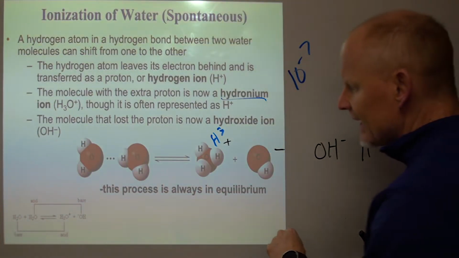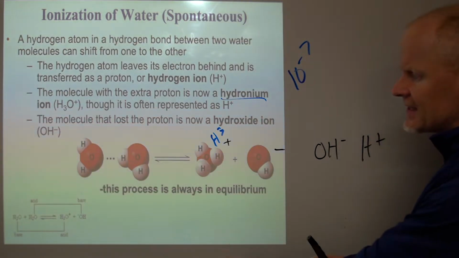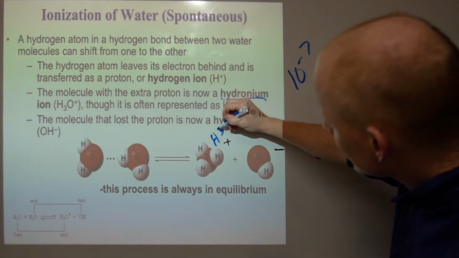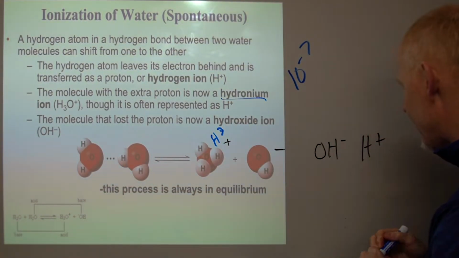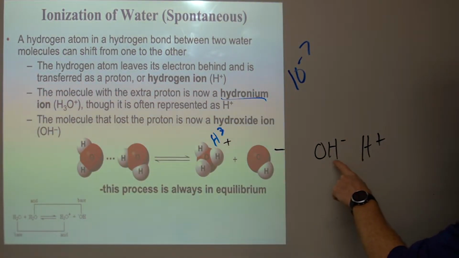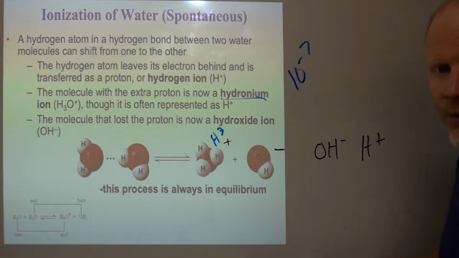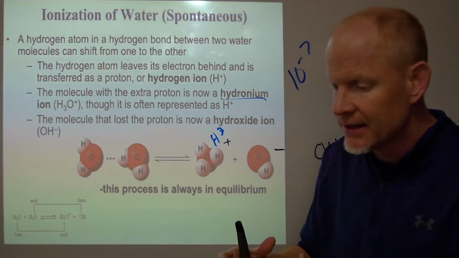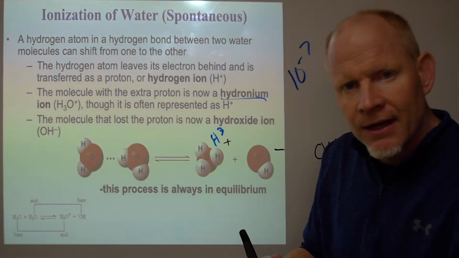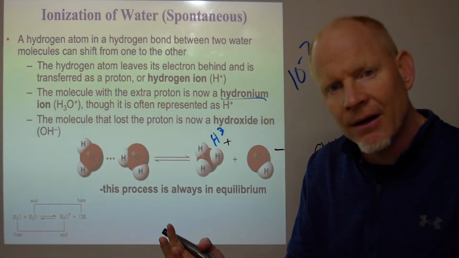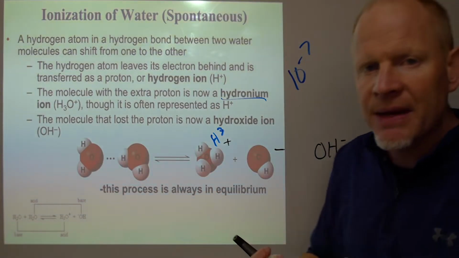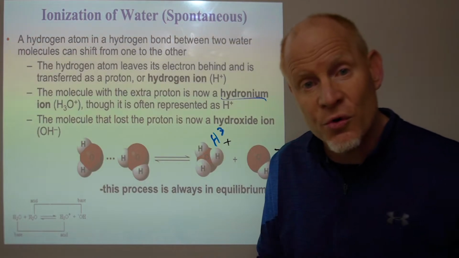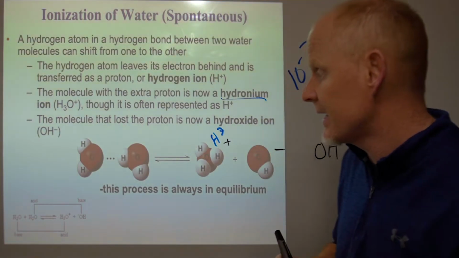So obviously, these become what we call acids and bases. Now, if we're talking about just pure water, the protons and the hydroxyl groups are going to be equal. If you're just talking about a pure water solution and this is happening spontaneously, you're going to have an equal amount of protons and an equal amount of hydroxide ions. And so the pH of 10 to the negative 7th of pure water is what we call neutral on the pH scale. I'm going to show you the pH scale in a minute.